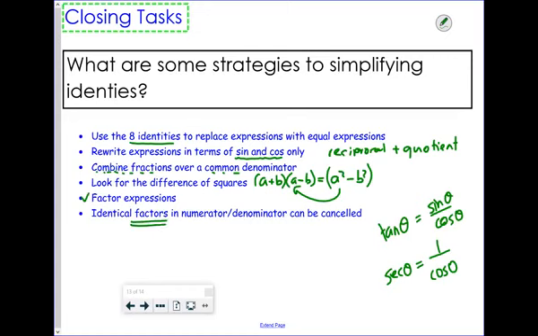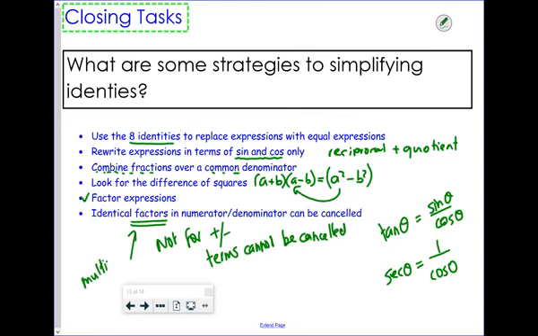Only for factors, not for adding or subtracting. Not for terms. Terms cannot be cancelled. Only factors, when you've got multiplication or division. You can't do it when you're adding or subtracting things, only when you're multiplying or dividing by them.